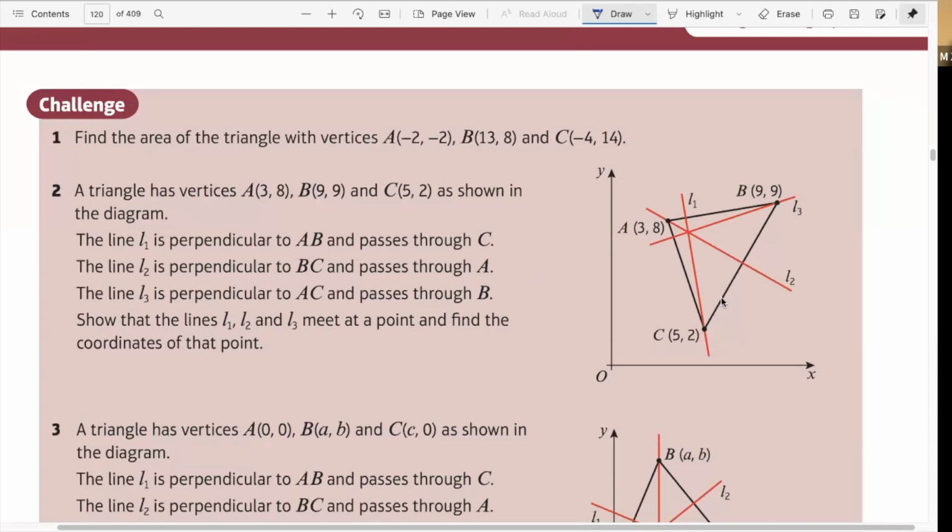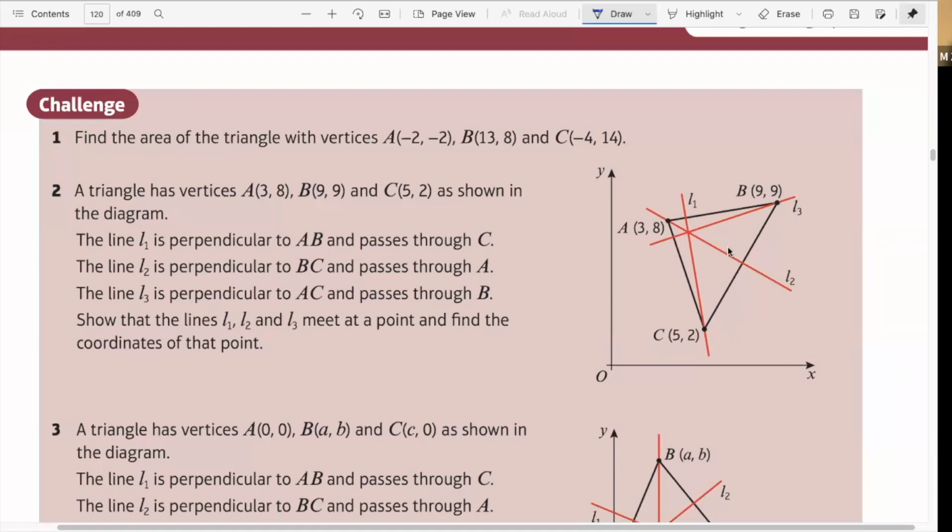So first thing, let us solve for L1. How will we do this? L1 is perpendicular to AB. So we'll find the gradient of AB, then use the gradient of the perpendicular line, and it passes through C, which is 5,2. So we'll have the equation of L1.